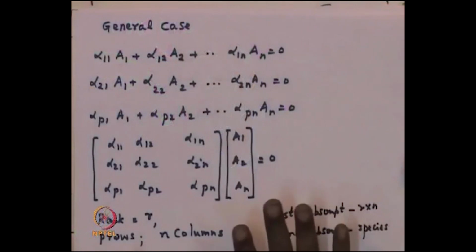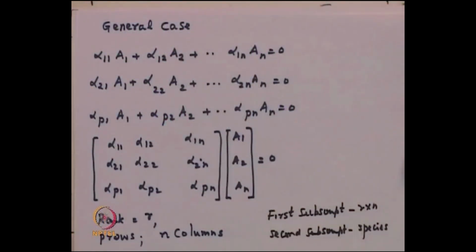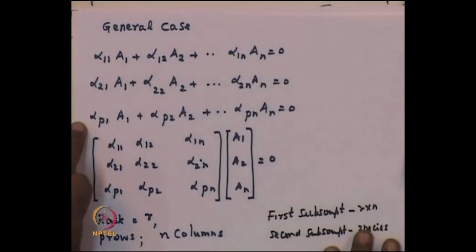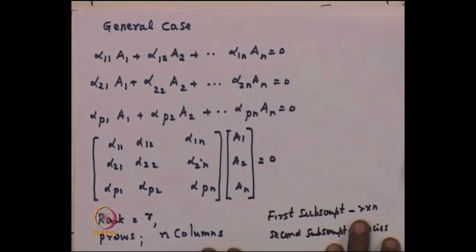So, what we now want to do is use this idea for a multiple reaction network like this. That means you have a network which says alpha11 A1, alpha12 A2, up to alpha1n An equal to 0, and like that there are p reactions. Notice here the first subscript is the reaction and the second subscript is the species.